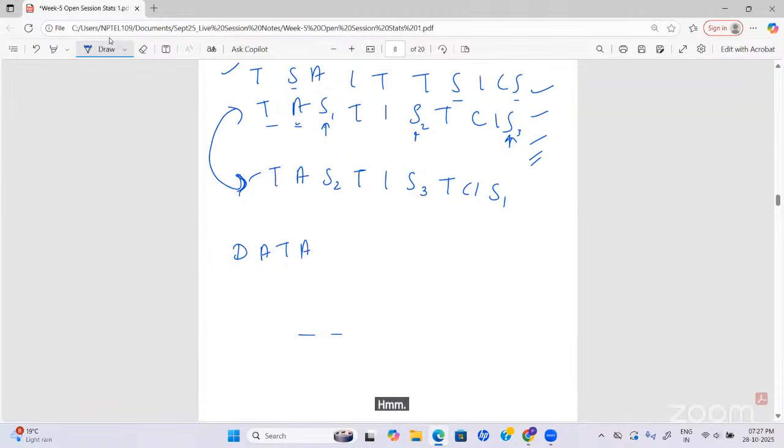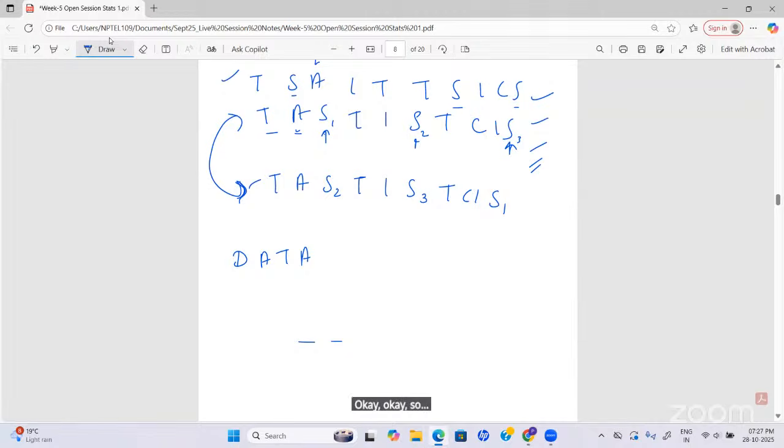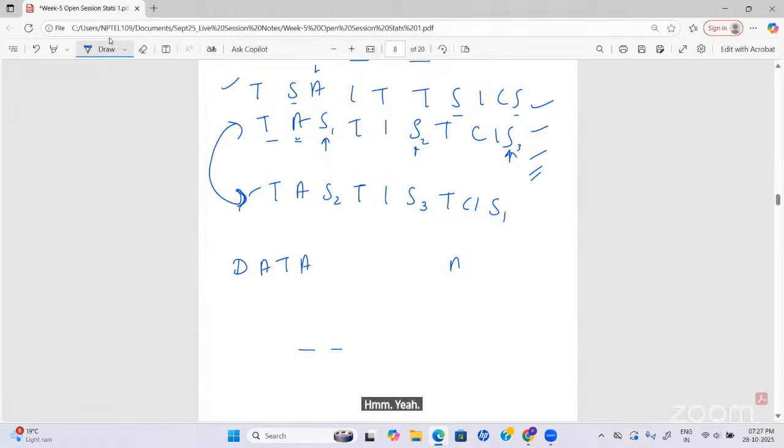So A can occur 2 times, but not D and T. In these kinds of questions, you will have to make cases and see. These are different kinds of questions, so generally several cases will be there.